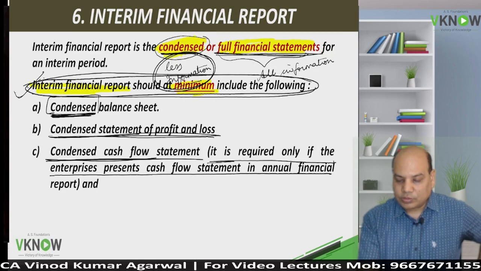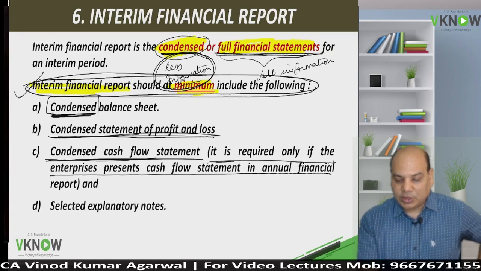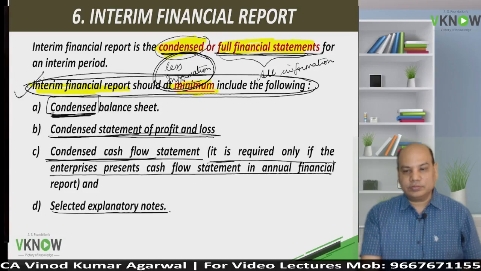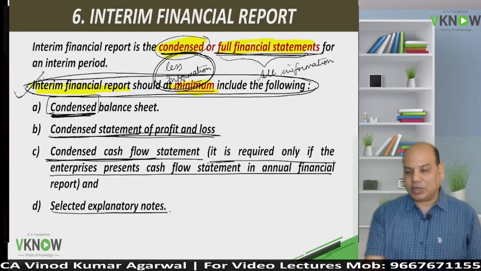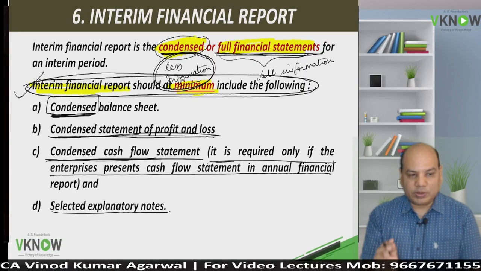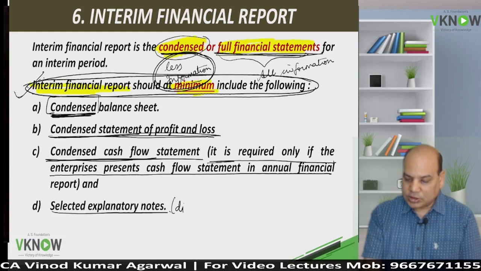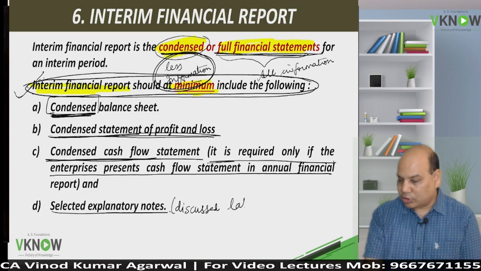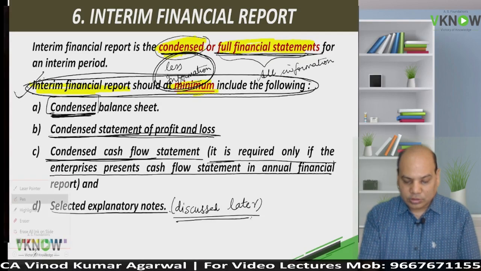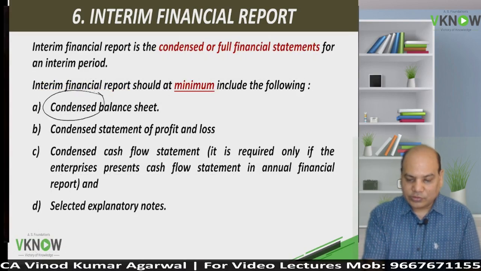So less information will be given, and you have to provide selected explanatory notes. Selected explanatory notes means that only important notes will be provided. This is discussed later. You can write a note: what are selected explanatory notes? Discussed later. Now let us talk about condensed balance sheet.